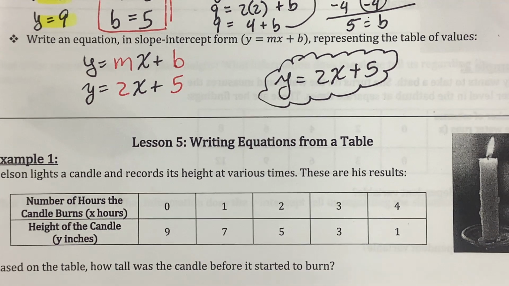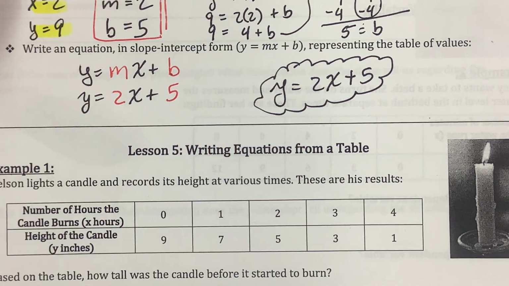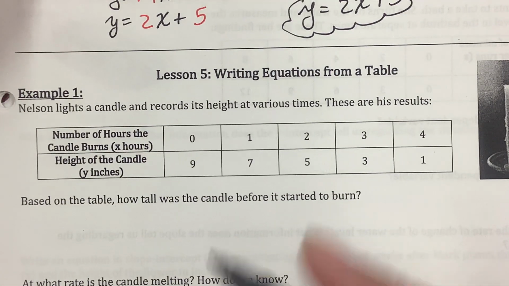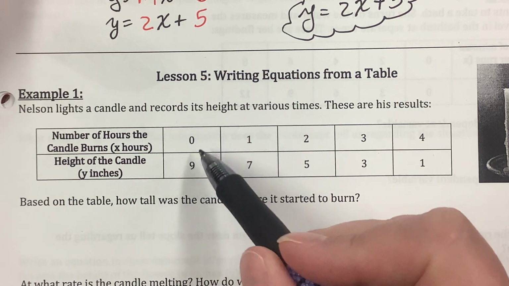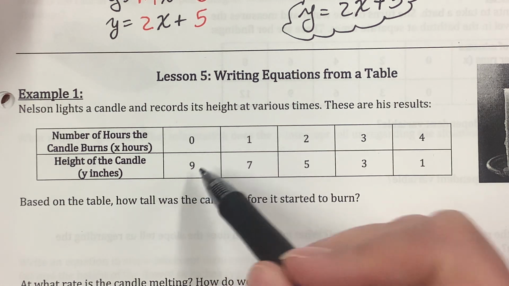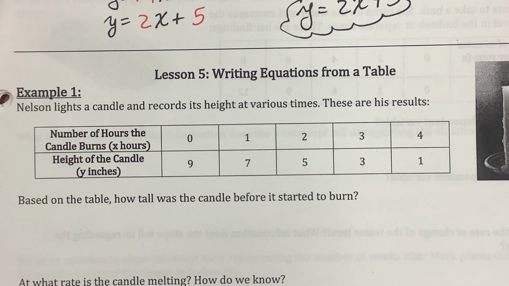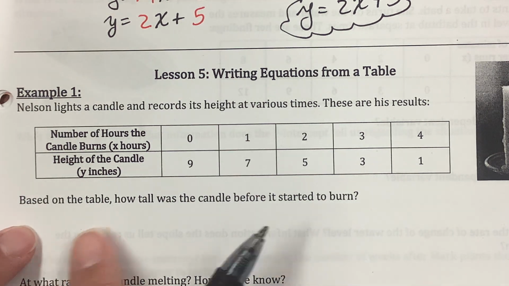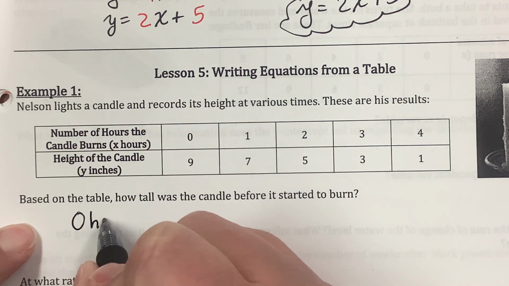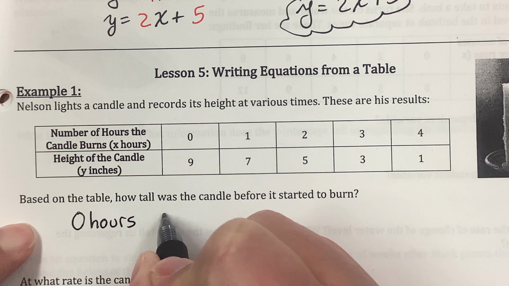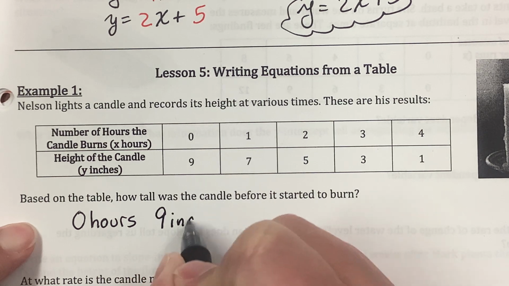All right, based on the table, how tall was the candle before it started to burn? Well, that's where you're going to look at the 0 hours, 9 inches. I find it helps me a lot when I'm doing word problems to write down the units. So how tall before it started to burn? 0 hours, it was 9 inches.